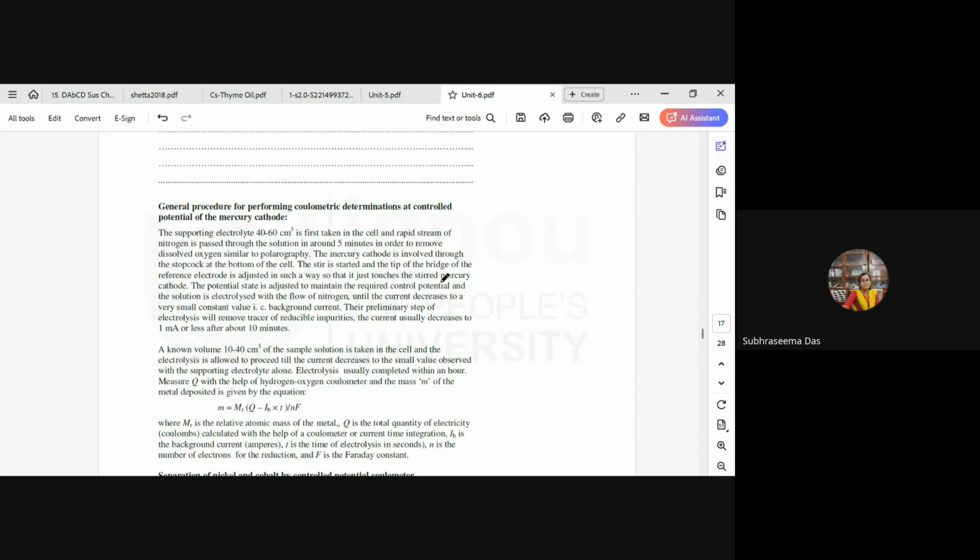Now, the general procedure for performing coulometric determinations at controlled potential of the mercury electrode. First, 40 to 60 ml of the supporting electrolyte is taken in a cell, and nitrogen is passed through the solution to remove the dissolved oxygen.